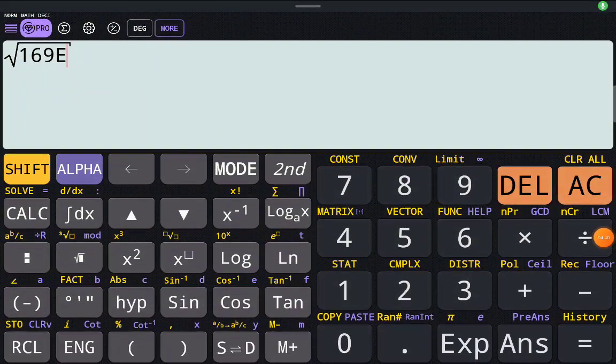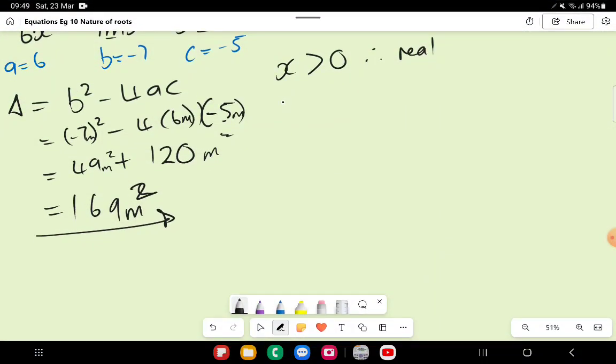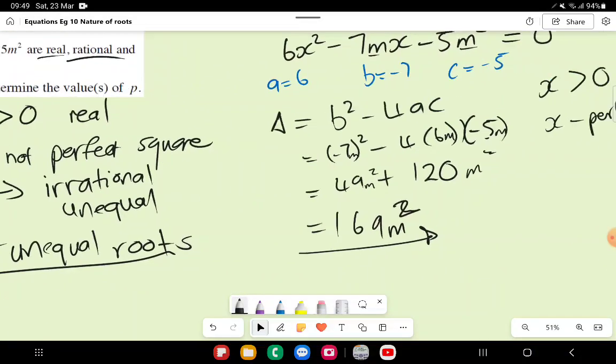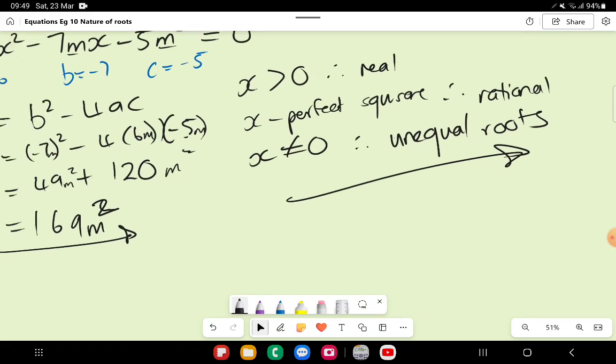The square root of 169 is 13, so it is a perfect square, and therefore it is rational. And then the last thing that they want us to say, is it unequal? Yes, it is unequal. Delta is not equal to 0, therefore unequal roots. And therefore you have proven exactly what they've asked.